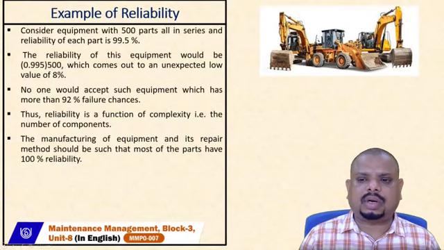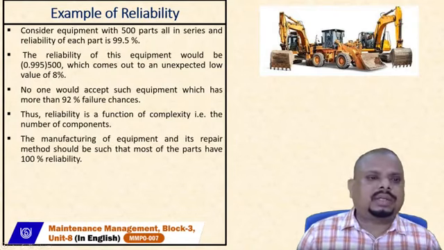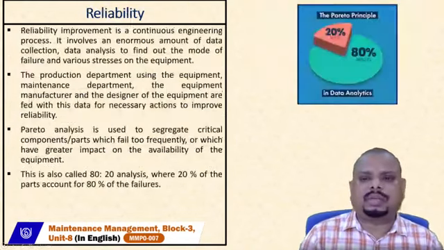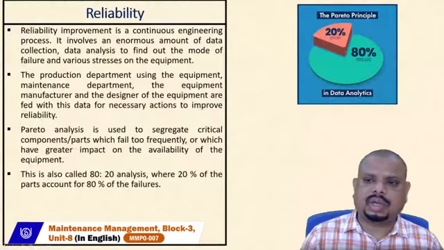So this is the concept of reliability, which is implemented for a system, for equipment, or for a process. Moving to the next one, let's understand how this reliability is considered. Improvement of reliability is a continuous engineering process. It involves numerous data collection and data analysis.